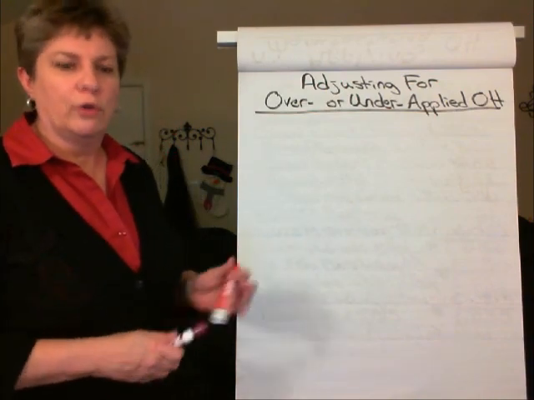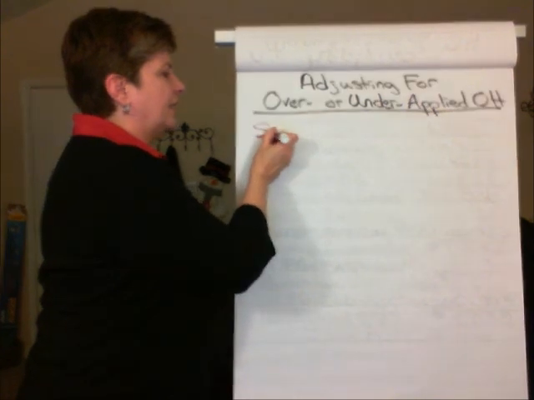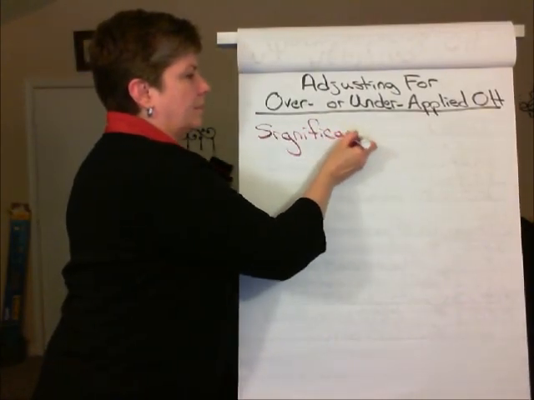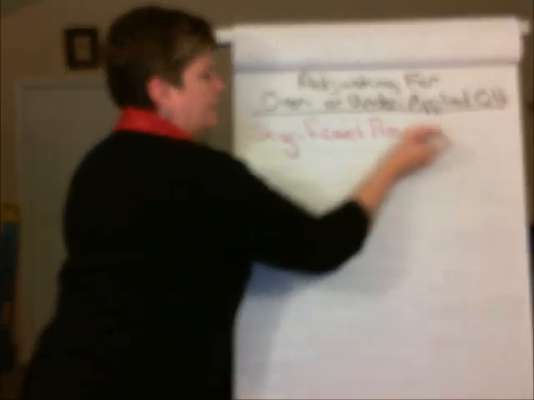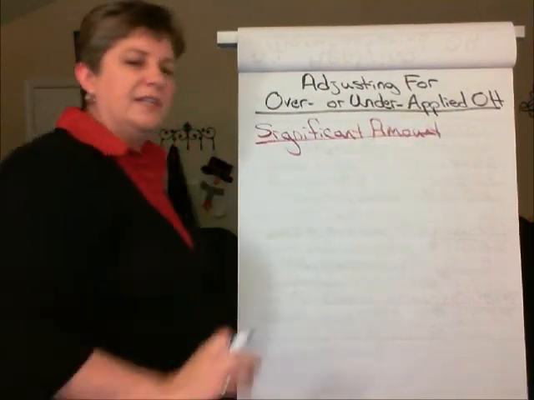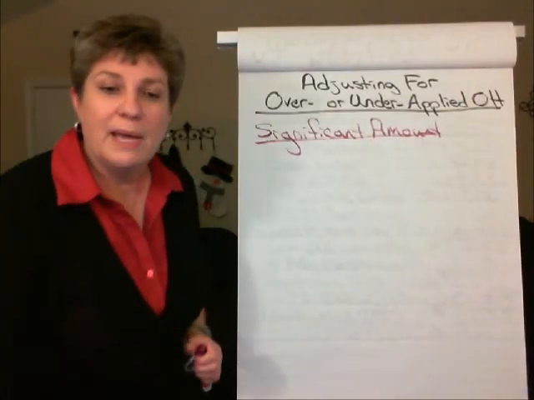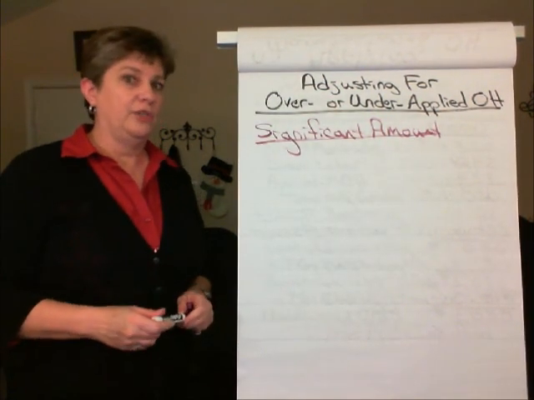If the over or under applied overhead is considered to be a significant dollar amount, and by significant, what we mean is that it is large enough to make a difference in the decision making of users of the financial statements.